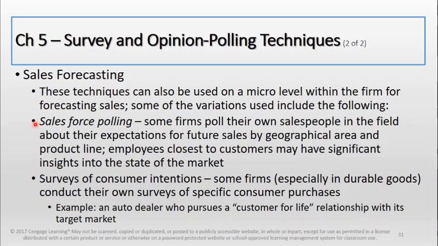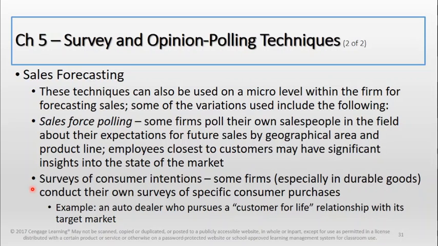The idea is that the employees who are closest to your customers may have significant insights into the state of the future market. Another is your surveys of consumer intentions. Some firms, especially those in the durable goods industry, conduct their own surveys of specific consumer purchases.